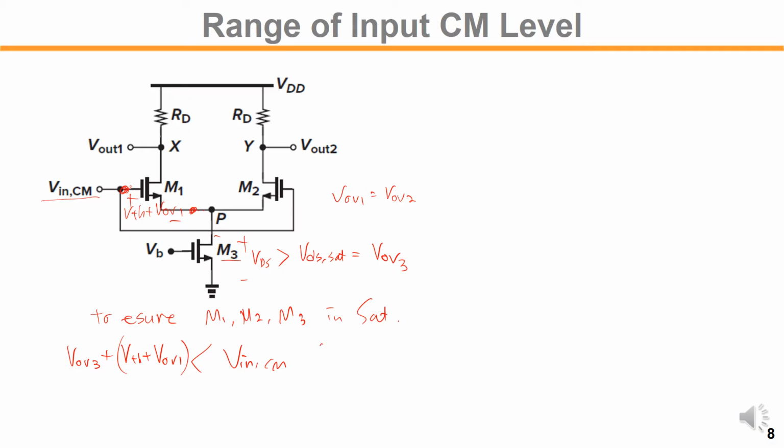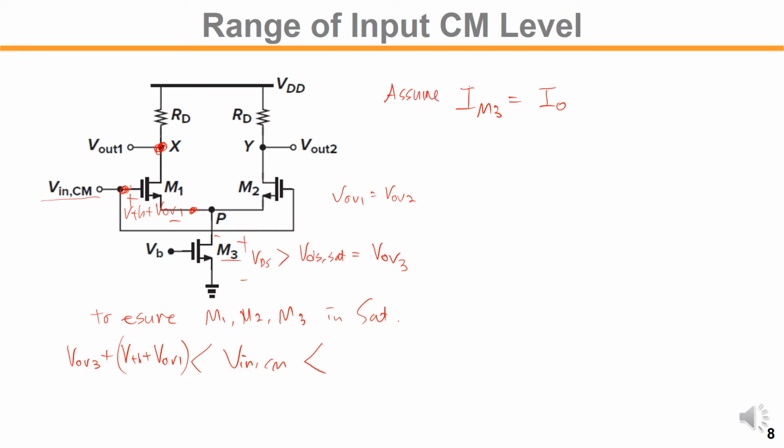What about the maximum voltage? In that case, it all depends on this kind of input common mode. In this case, we assume that IM3 is fixed, like I0. So assume that.